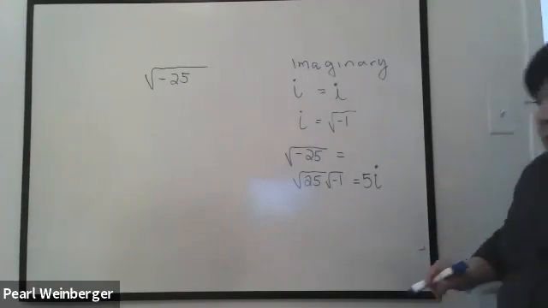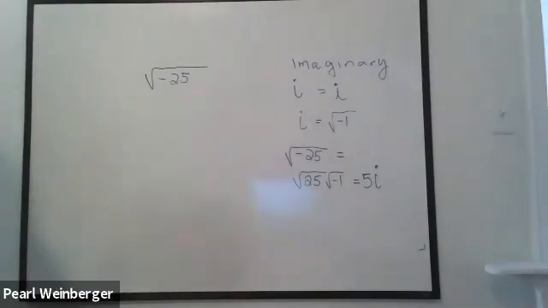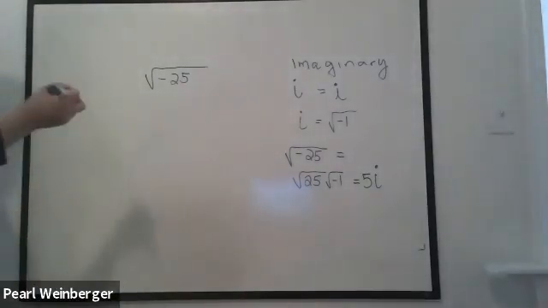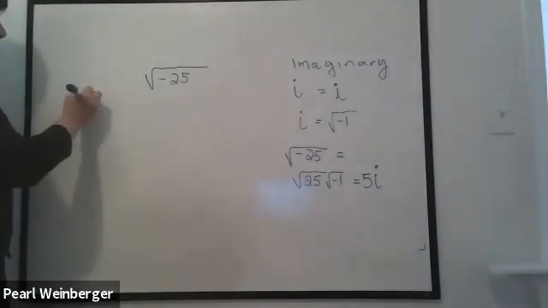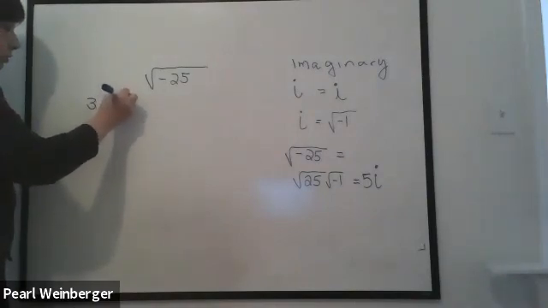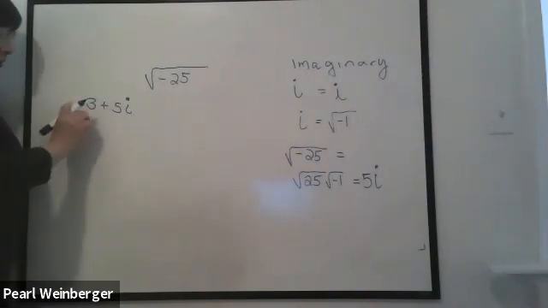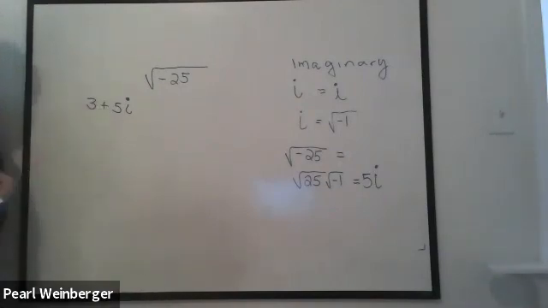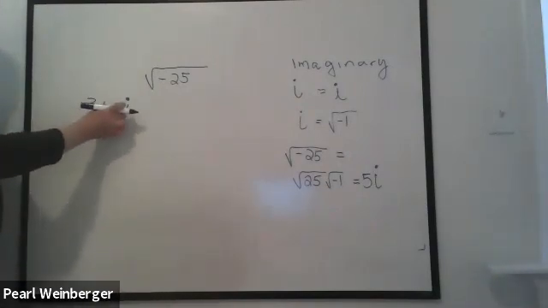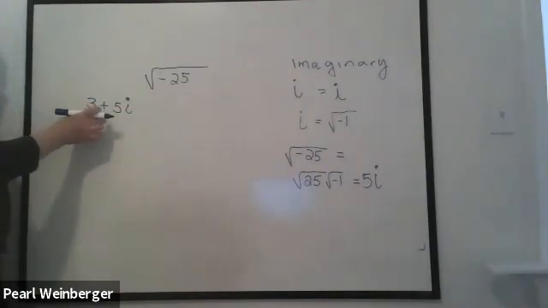If we have a number like this, let's say I have 3 plus 5i. This number is actually a combination of a real number, because 3 is a real number, it doesn't have any i with it, and 5i, which is an imaginary number.